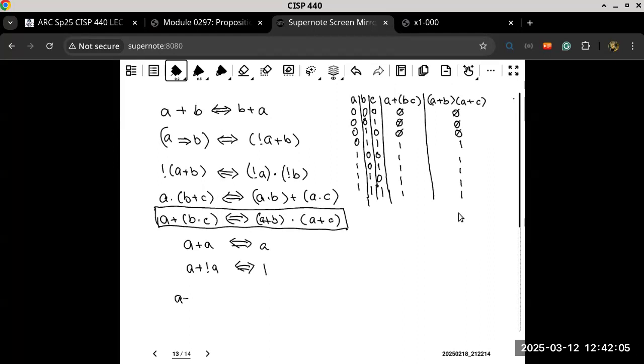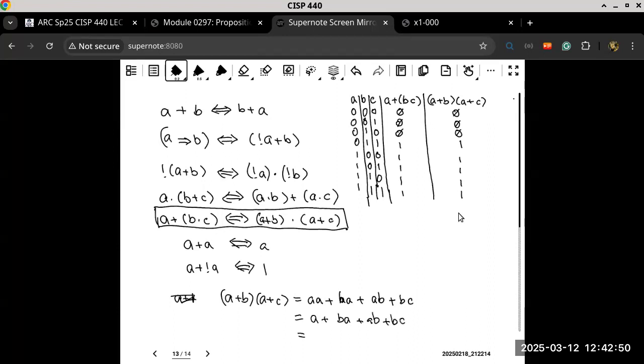That means A or B and A or C. If I do a FOIL on this one, it becomes A and A, or A and C, or B and A, or B and C. So that's A or AC or BA or BC.